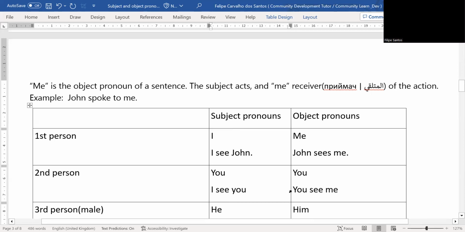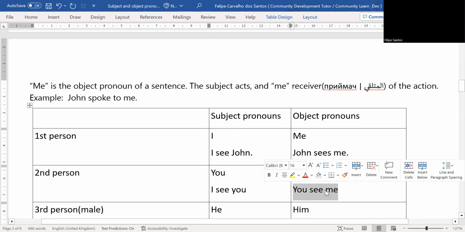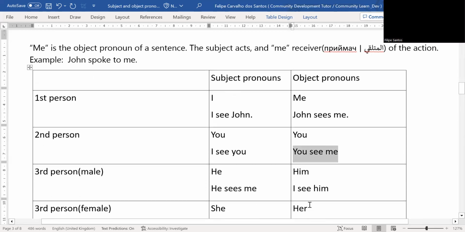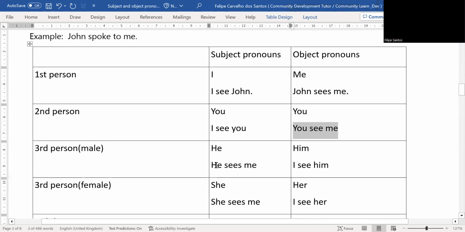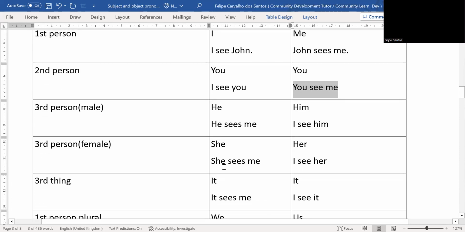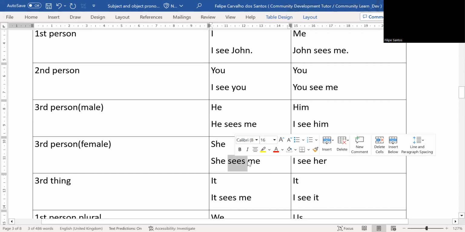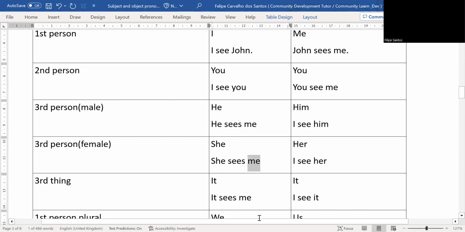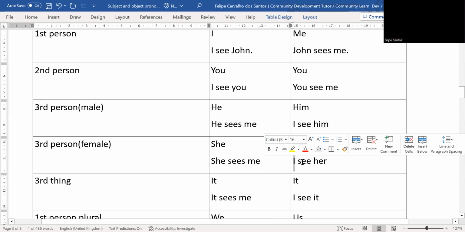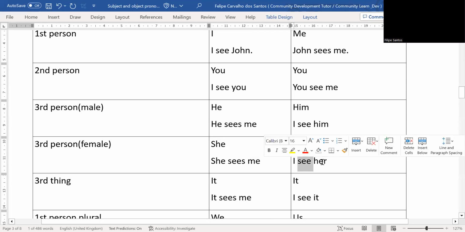You see me. That's just an example. He sees me. I see him. She sees me. I see her. Again, subject, verb, object. Subject, verb, object.